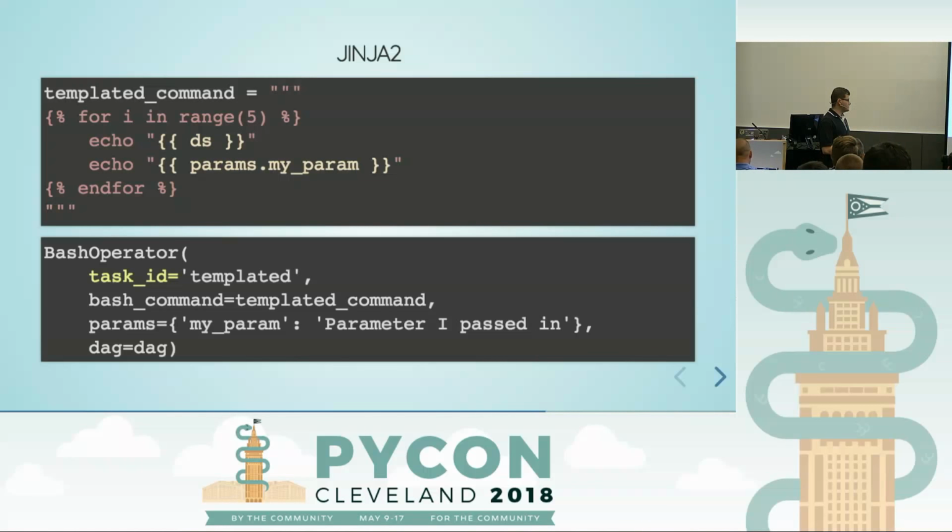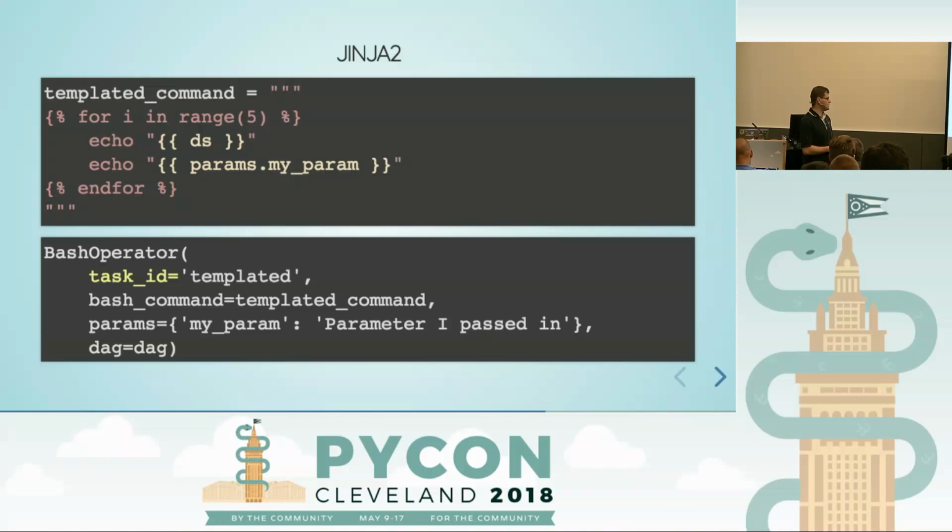So in the bash operator command that we've seen before, I told you can just pass a string to the bash command and it would execute that command. What I didn't tell you is that before actually executing the command, Airflow is going to render this string using Jinja. So this is Jinja 2 syntax, where we have a for loop, and we have this echo.